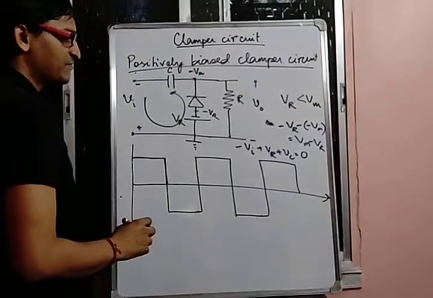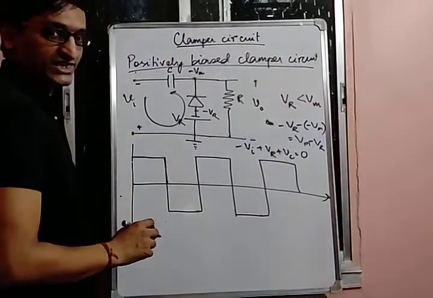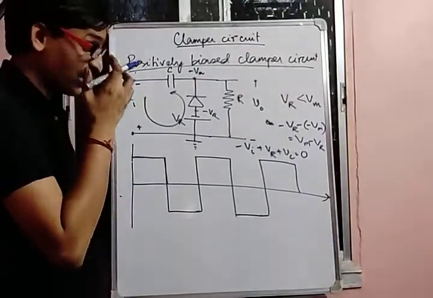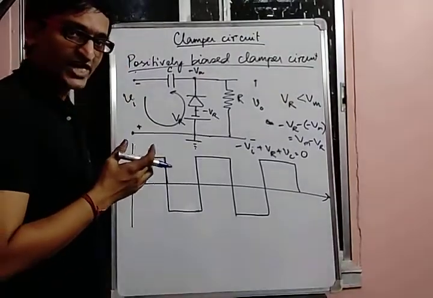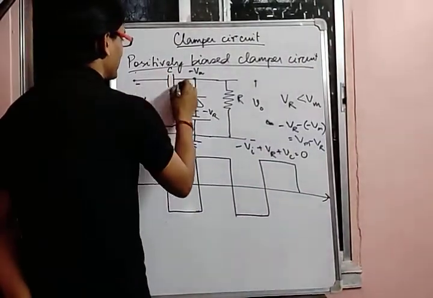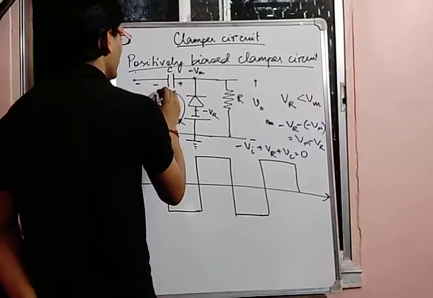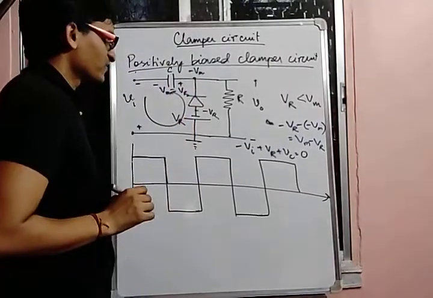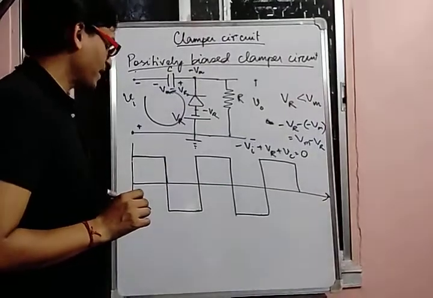VC will simply be equal to VI minus VR. And VI is nothing but your VM. So that means this capacitor will get charged up to, this is plus, this is minus, VM minus VR.